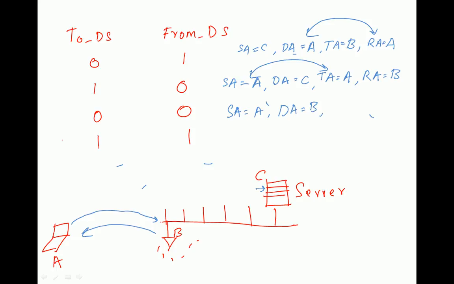Yes, the destination address is going to be B, because the frame exchange is only between the access point and the client. So the source address is A, the destination address is B.